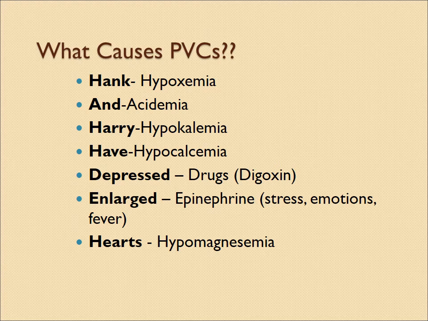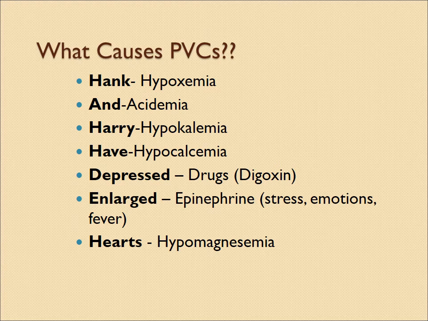So what causes PVCs? I have this little thing here for you to help you remember. Hank and Harry have depressed, enlarged hearts. So the primary thing is H is for hypoxia, A is for acidosis, H is for hypokalemia, H is for hypocalcemia, D is for drugs, especially digoxin we look at.